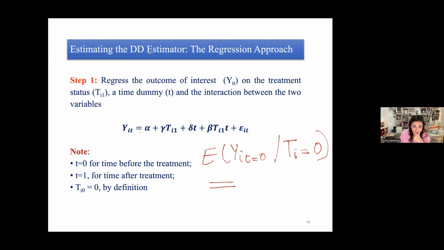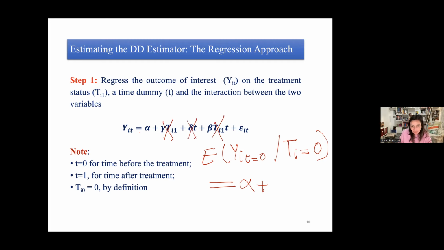It must be the intercept, no? The intercept, yes, because alpha is not multiplied by anything, so it will be alpha plus gamma multiplied by T_i1, but we know that this individual is not treated, so this one will be 0. At period t equals 0, this also will be 0, and the interaction between 0 and 0 will be 0.